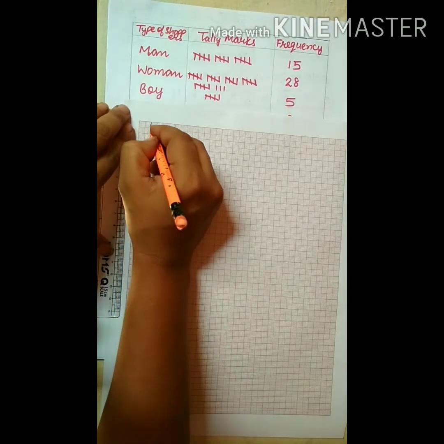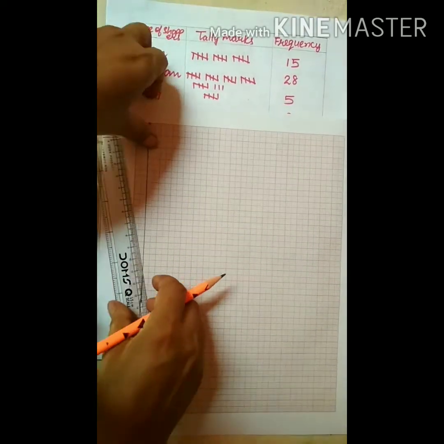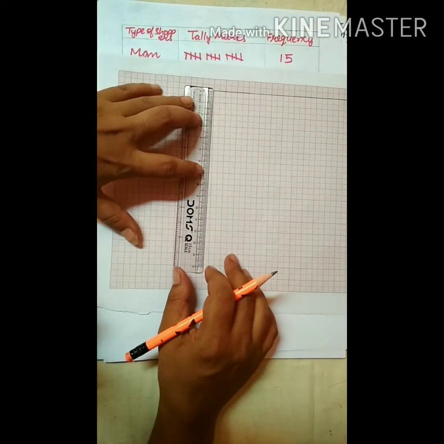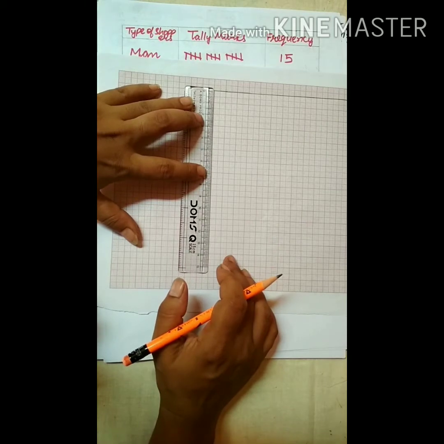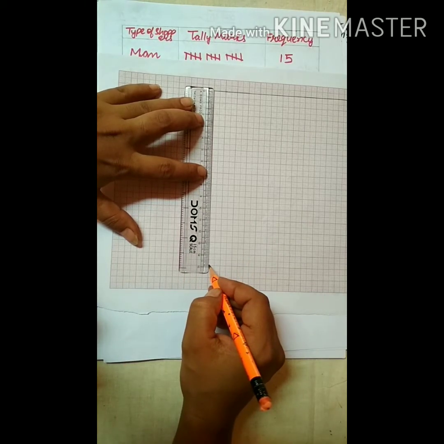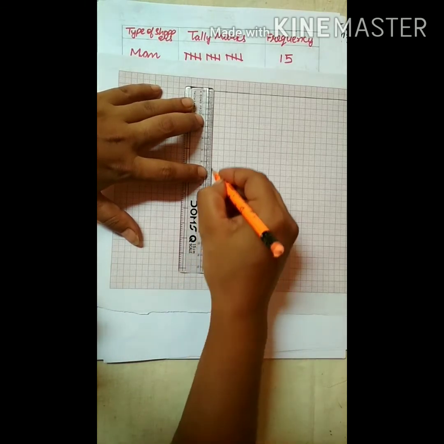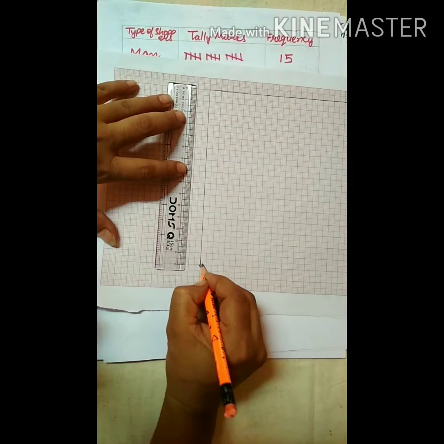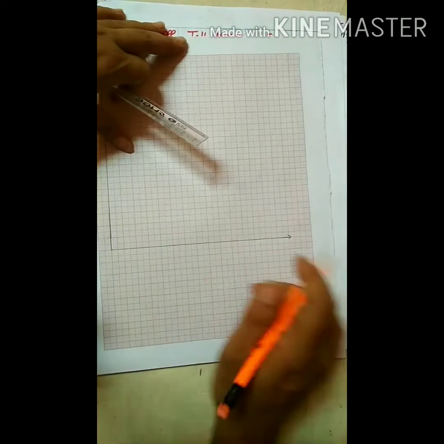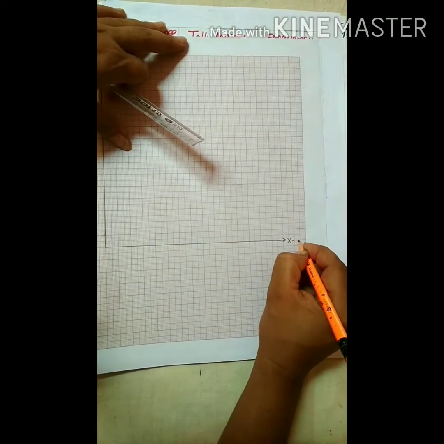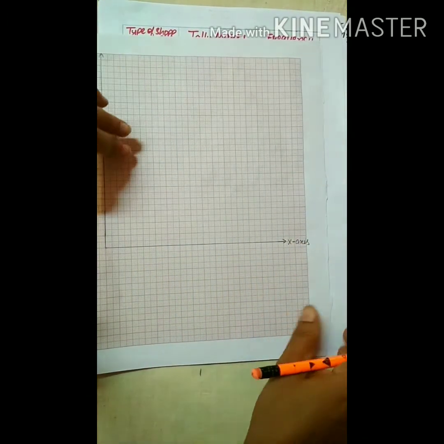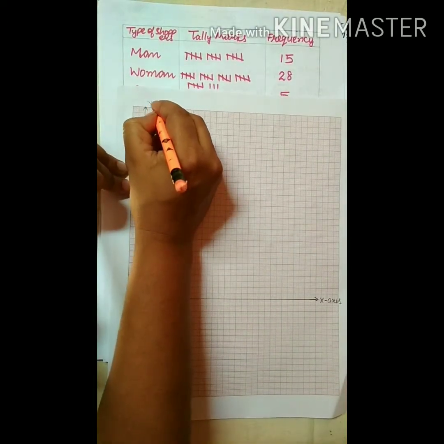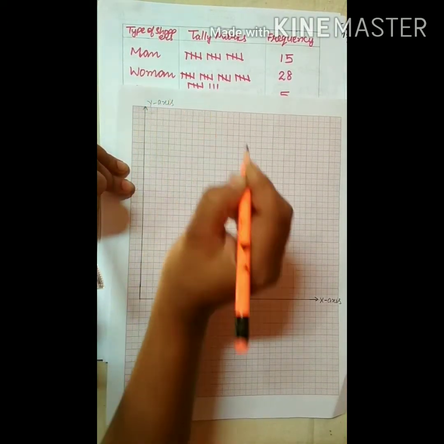This line shows the x-axis. This line shows the y-axis.